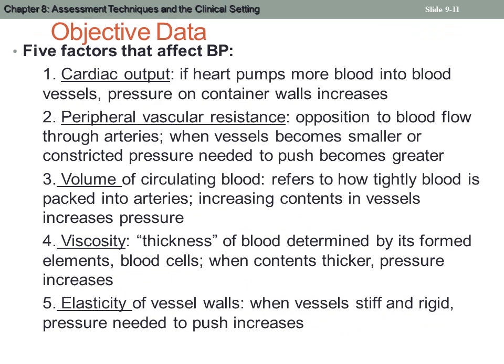Now, what affects blood pressure? There are a few things that actually affect a patient's blood pressure. Cardiac output affects a patient's blood pressure. Now, what is cardiac output? Generally, it's the amount of blood that is pumped out every time the heart beats. Okay? So if the heart pumps more blood, then cardiac output would be greater. If the heart pumps less blood, then cardiac output would not be as much. So the higher the output, the higher the blood pressure is going to be.